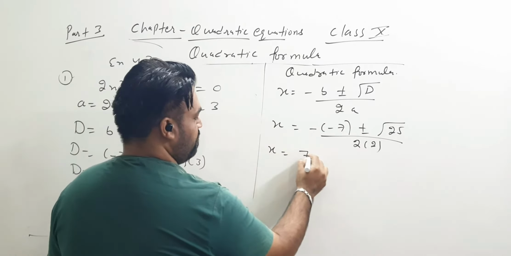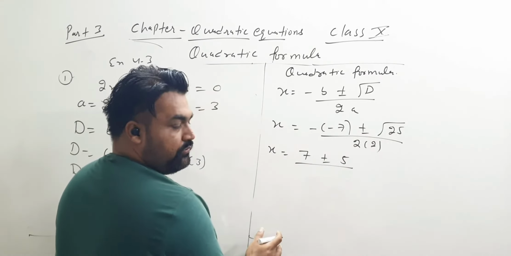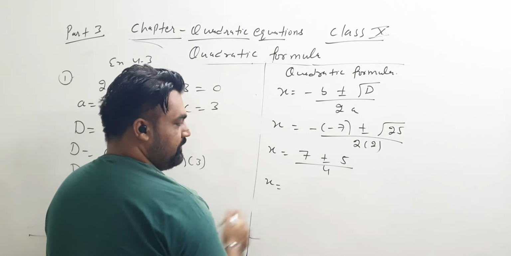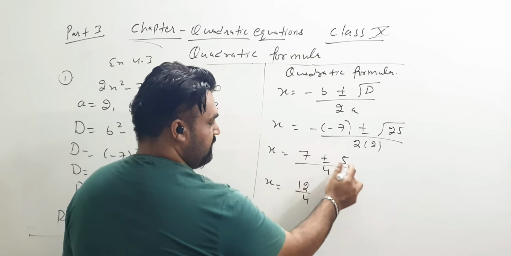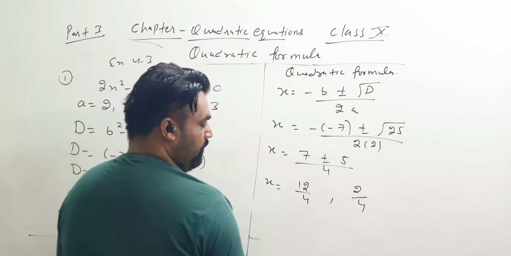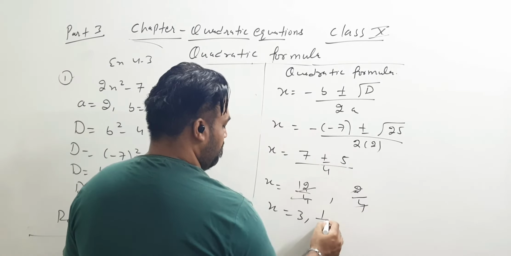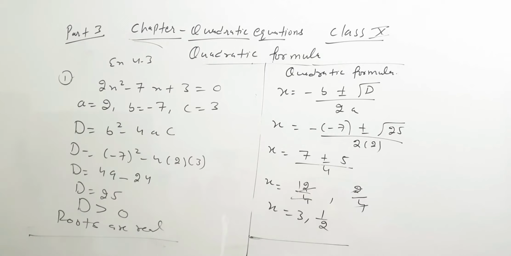Now x equals to 7 plus minus, the square root of 25 is 5, upon 2 2s are 4. Now we will take first of all the positive sign, 7 plus 5, that is 12 upon 4. 7 minus 5, that is 2 upon 4. Cancel out, x equals to 3. Cancel out, 1 by 2. So again, this is the first question, first part. We just find the roots of the equation, that is 3 and half.